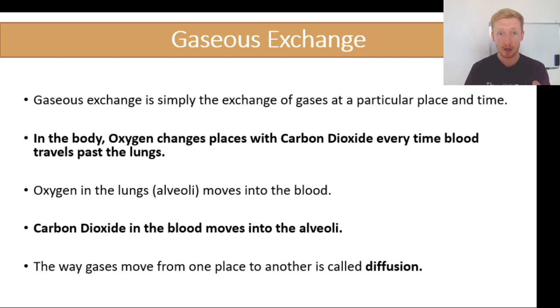So in the body, oxygen from the alveoli switches place with the carbon dioxide that's in the capillary. So oxygen goes in, carbon dioxide goes out. We've got this switch, this exchange of gases.